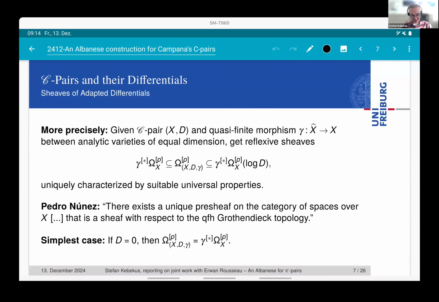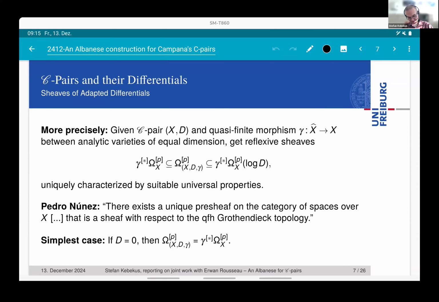Right, this can be made more precise on singular spaces. On singular spaces, we have learned in the course of the years that if you want to study differential forms, then Kähler differentials might not be your best friend. Much of the geometry is encoded not in Kähler differentials, but in the reflexive hull of Kähler differentials.